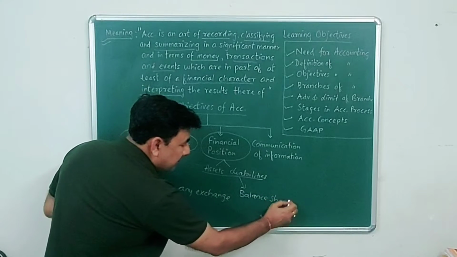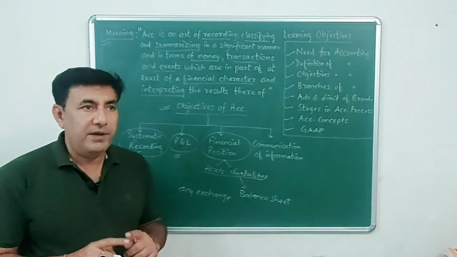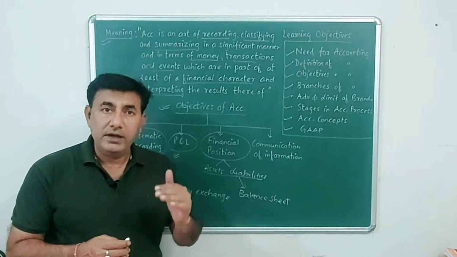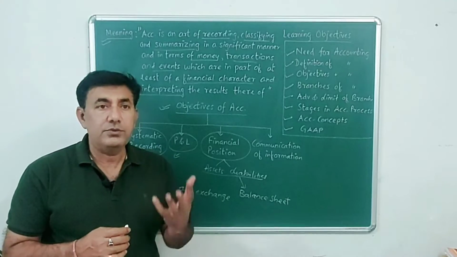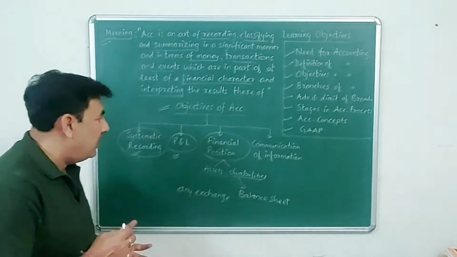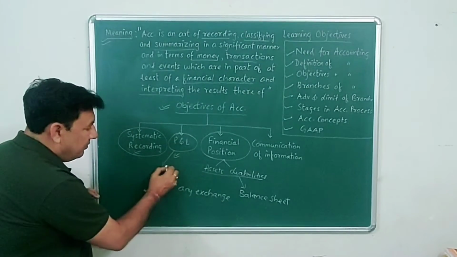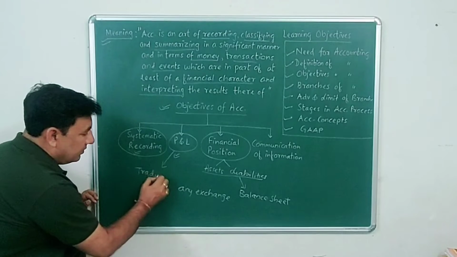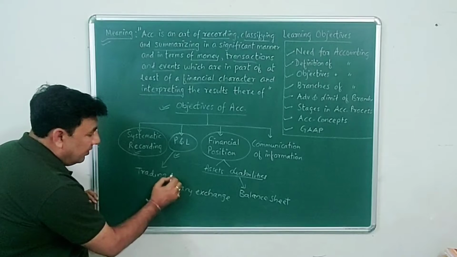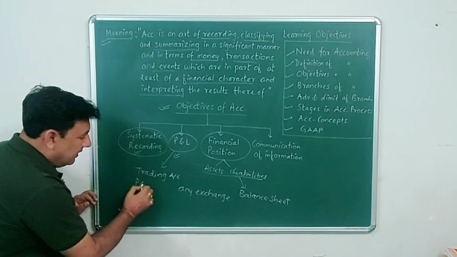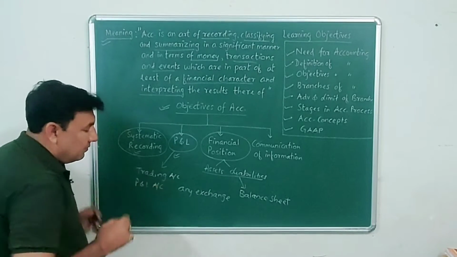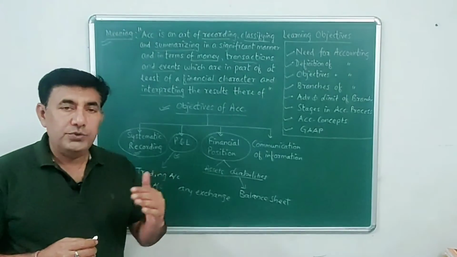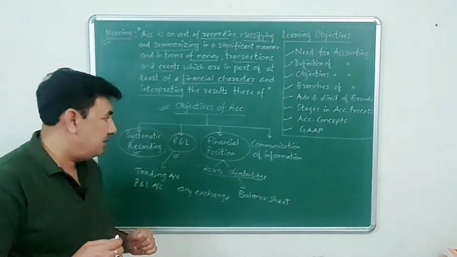So we prepare the balance sheet in final accounts to know the financial position of the company, whereas to get the profit and loss of the company, we prepare the trading account and profit and loss account, which we have also studied in junior classes, class 11 and 12.